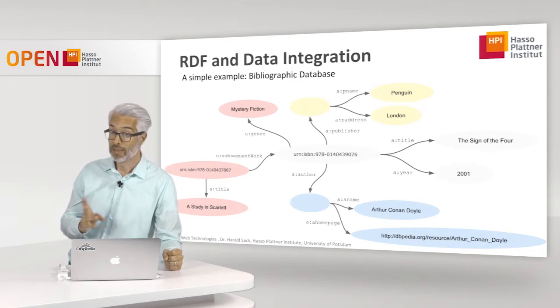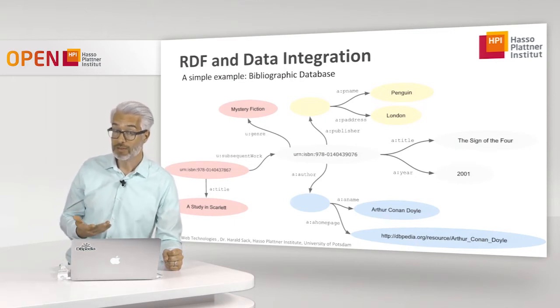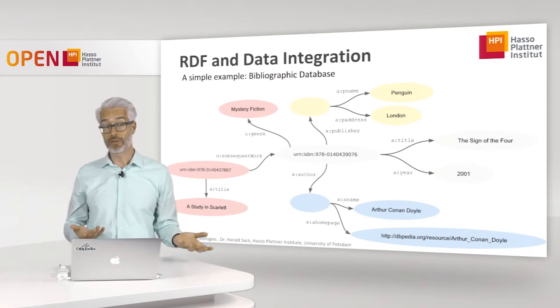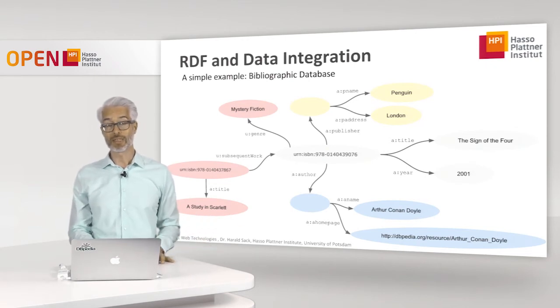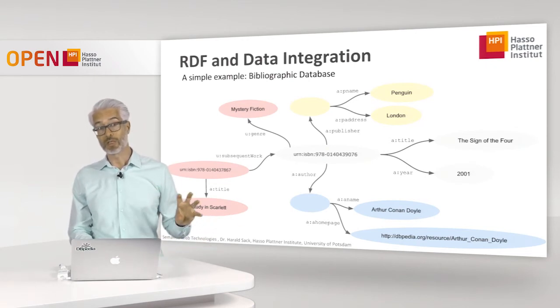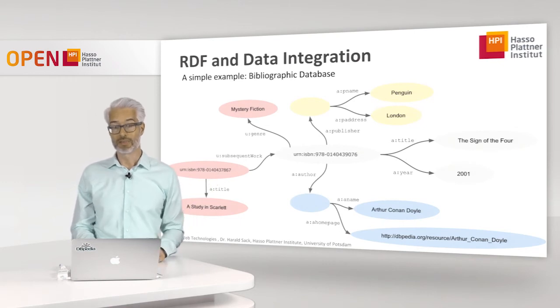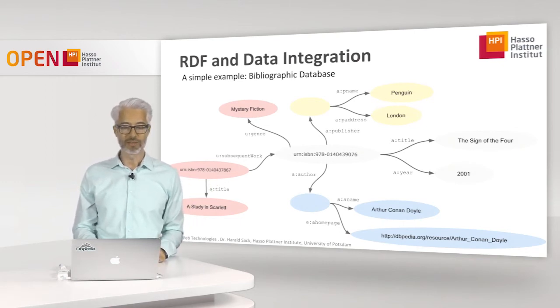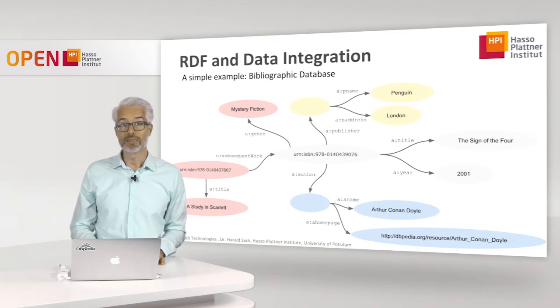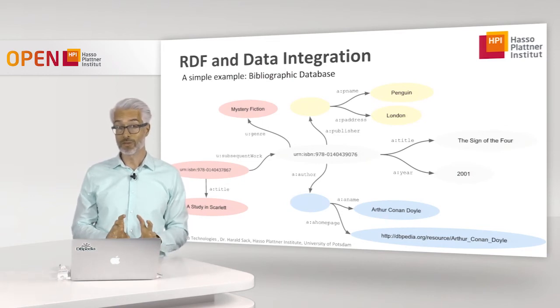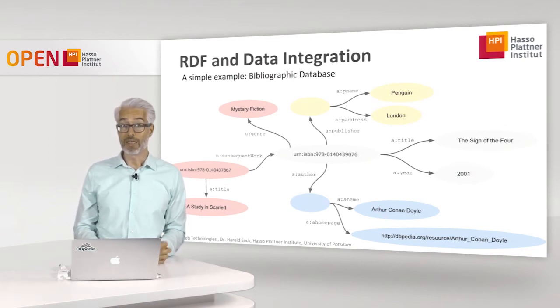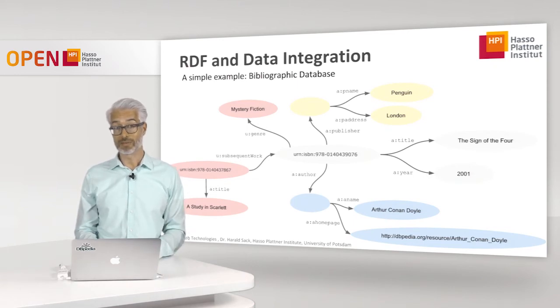So URIs are always the same, they are unique, so in 2 different data sets, if they occur, you can simply unite these data sets, and the point where you unite them is the equivalence of 2 URIs that you find here. So this is pretty easy data integration, and this is also a reason why RDF is so interesting compared to traditional database systems.